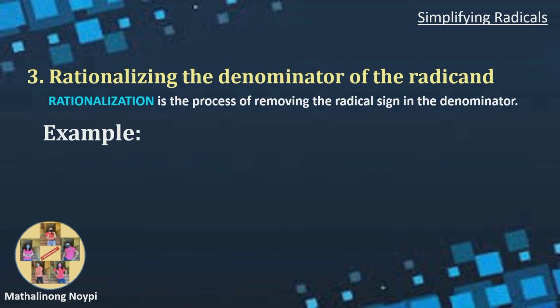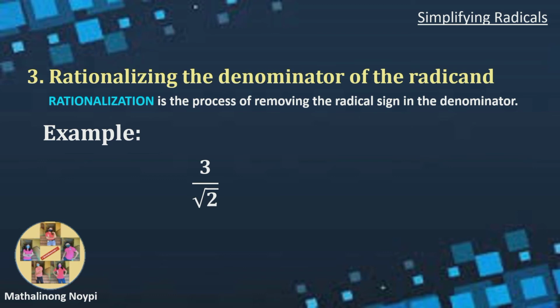For example, 3 over square root of 2. So to rationalize the denominator of the radicand, kasi ang ating denominator ay naka-radical sign, kailangan natin mag-multiply ng number na equal sa 1 so that the expression will not change the value or the result.